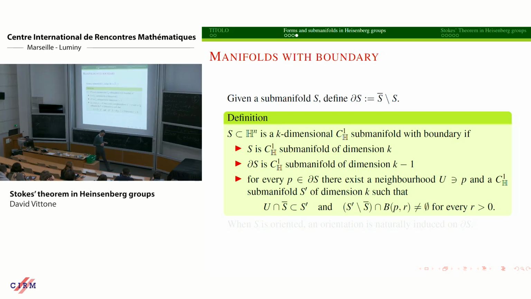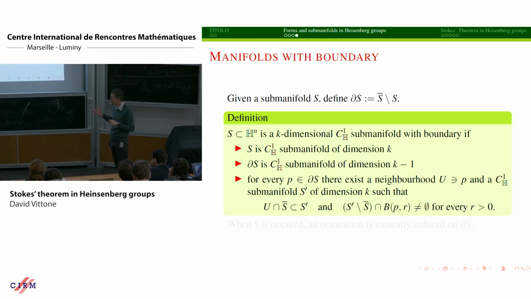There are reasons to choose this definition, which maybe is not the first one you would imagine. In classical geometry, a submanifold with boundary would be a C1 image of, for instance, the closed half space. But if you think a little bit and use the Whitney extension theorem, then you realize that this forces you to have an extension property close to points of the boundary.